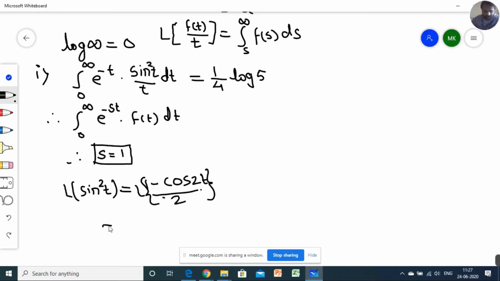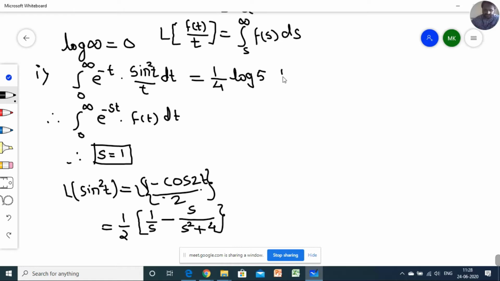Therefore 1 by 2 I am taking outside, and we have to calculate the direct Laplace, because we already saw such kinds of numericals. So 1 by 2 outside, and Laplace of 1 will become 1 by s, and Laplace of cos 2t, hope all of you are aware, is s upon s square plus 4, if I am not wrong.